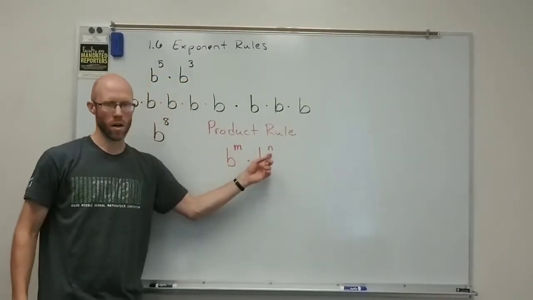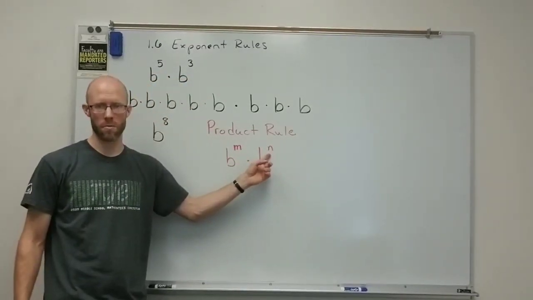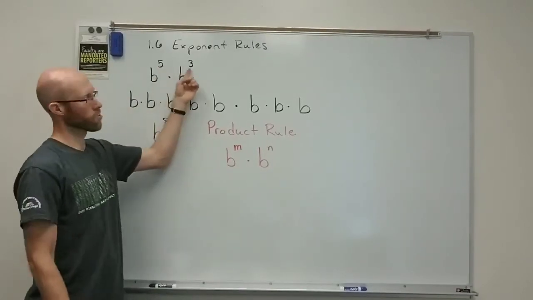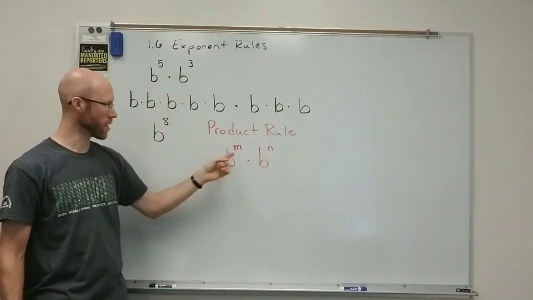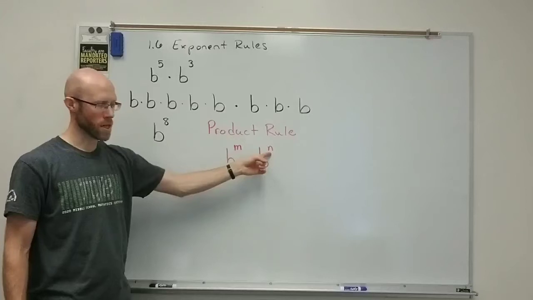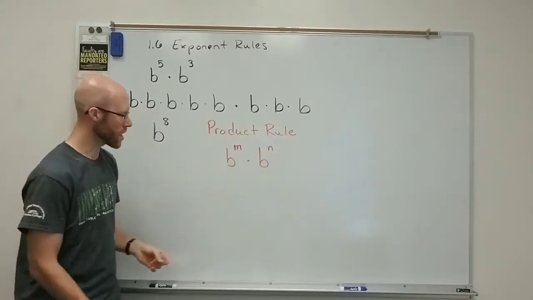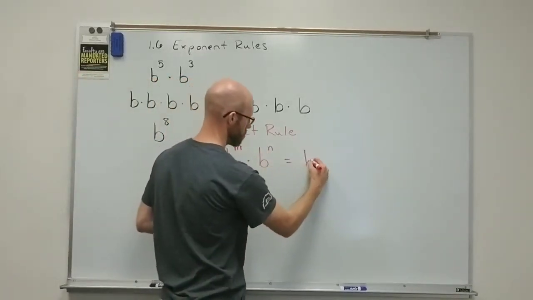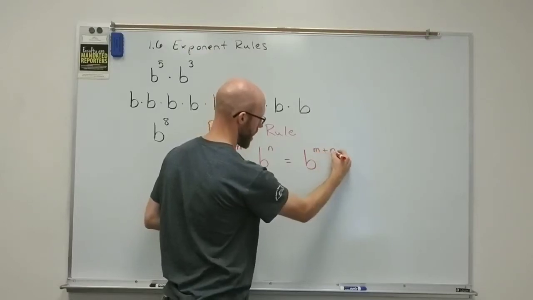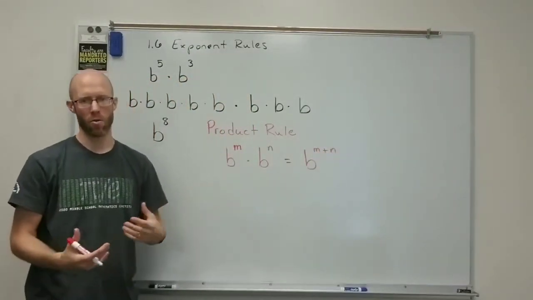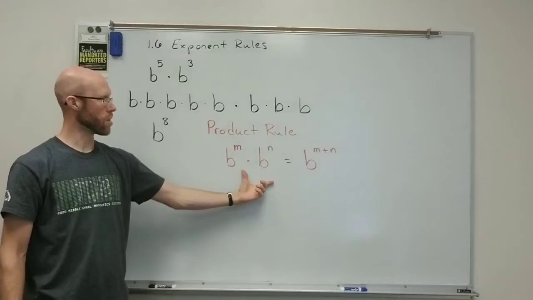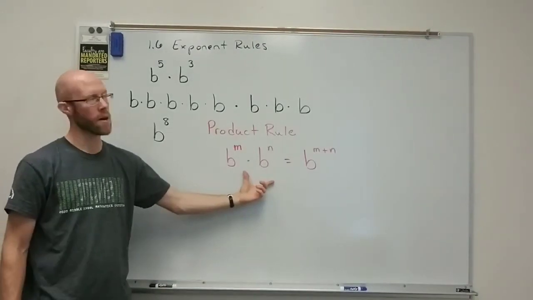So they use some unknown values for the exponents because it could be anything. It doesn't have to be 5 and 3. So b to the m times b to the n is equal to b to the m plus n. You just simply add the powers together. This is our product rule for exponents.